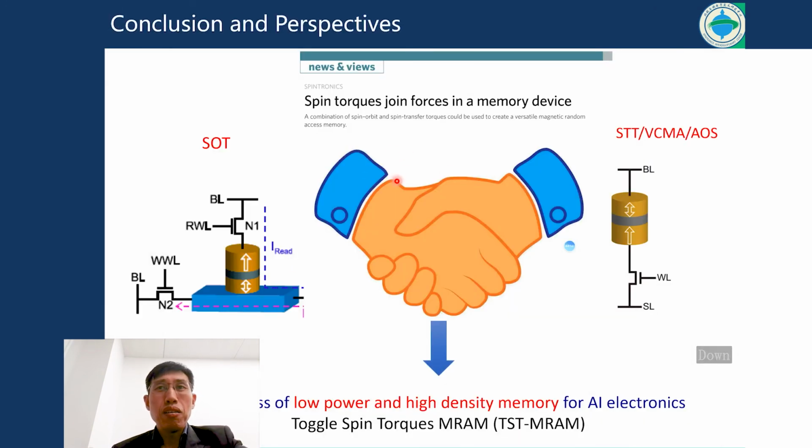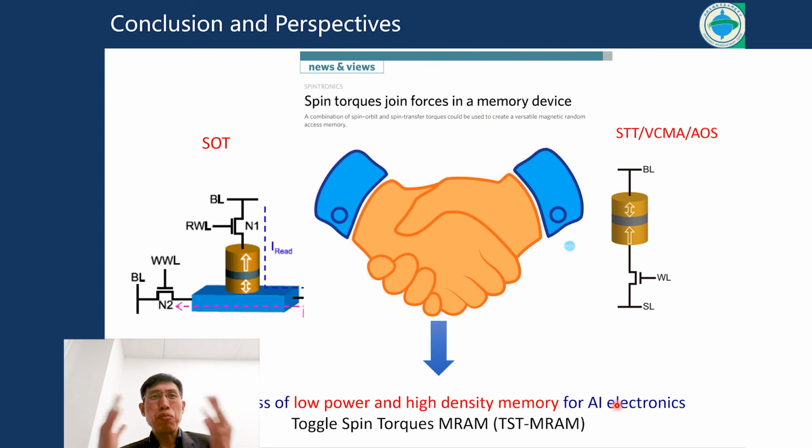So my conclusion is that spin torque joint force in a memory device. This is some wording from Nature Electronics. I think this combination is a good way to realize low power and high density memory. And these are some requirements for AI electronics.